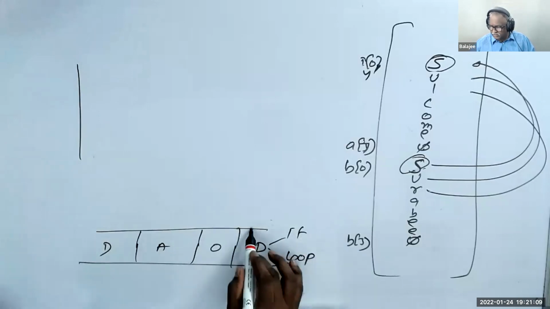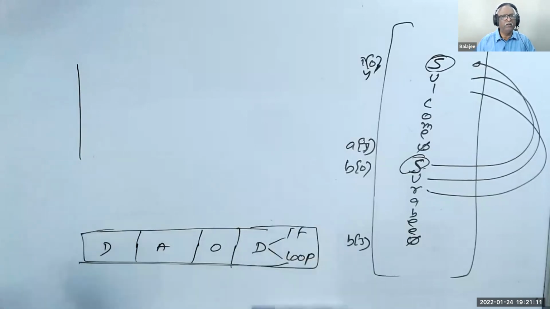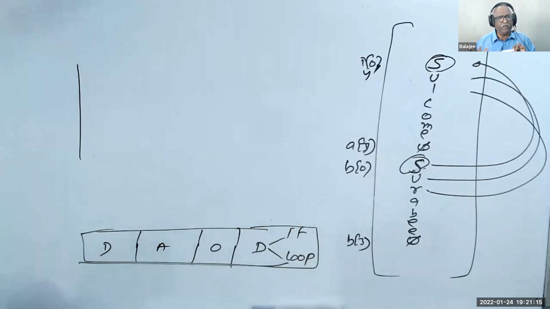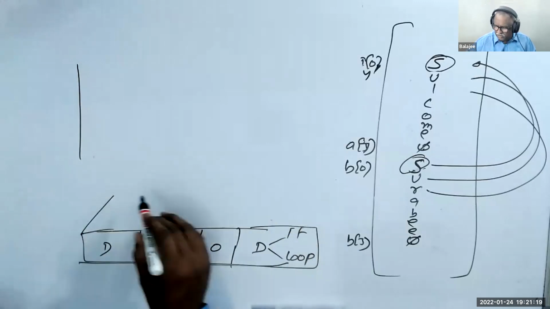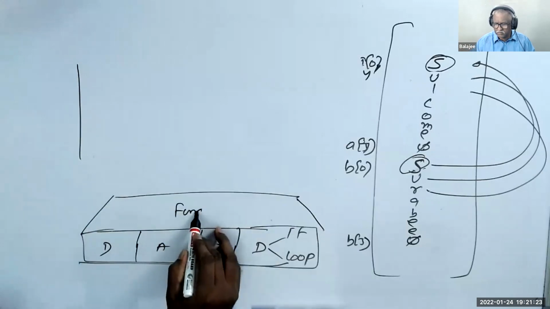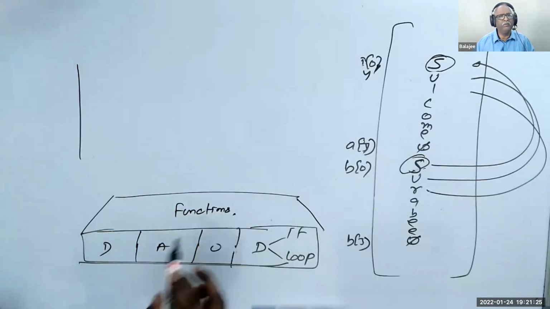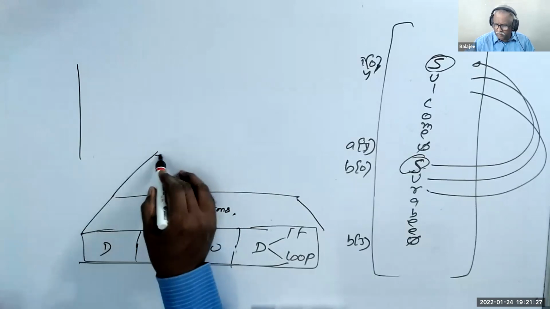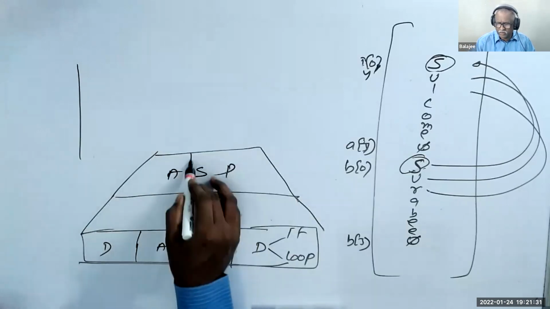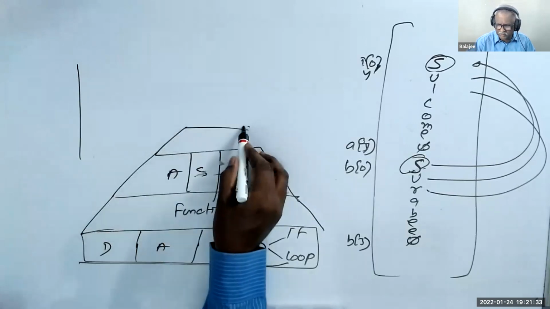Once you have mastered this, once you are very good at if and loops, and you are happy with this level, then go to the next level, functions. Then go to array, string, and pointers. Then once again go to functions.